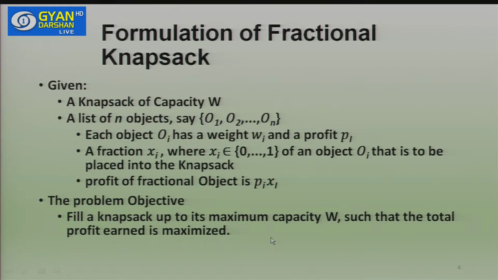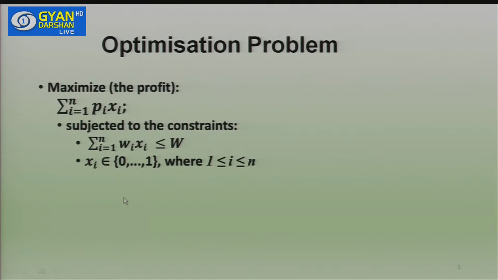Now further, we can represent it as an optimization problem. In this particular case, the optimization problem becomes: maximize, what are we maximizing? The profit, and the profit was Pi into Xi, the fractional profit of all the objects which we have filled up, summing it up from i equals 1 to n.